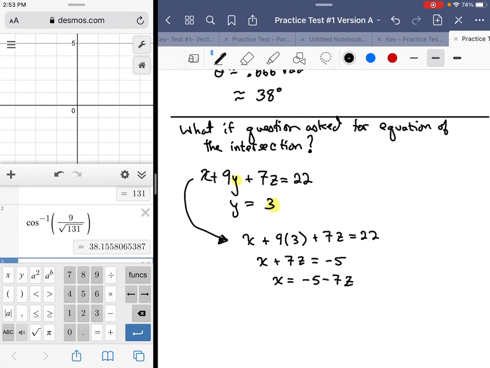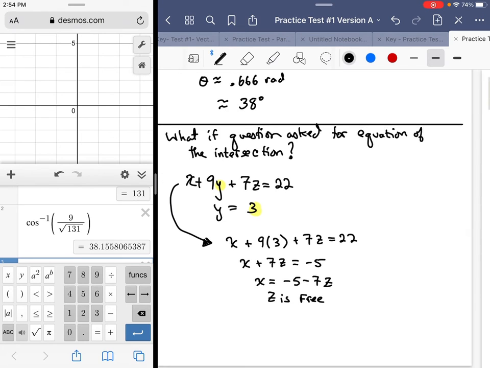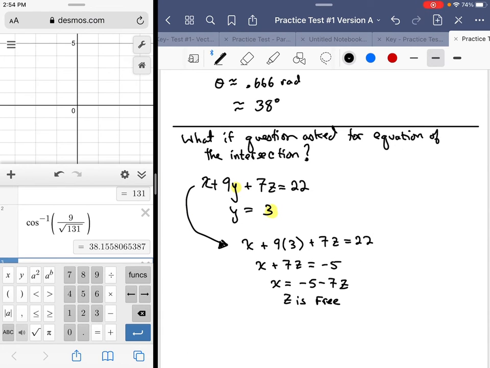So I have y, which is defined as a constant, and x, which is defined in terms of z, and there's no way to solve for z in terms of y or x in such a way that I'd come up with a unique equation. So z is the free variable, and we would get our set of equations.